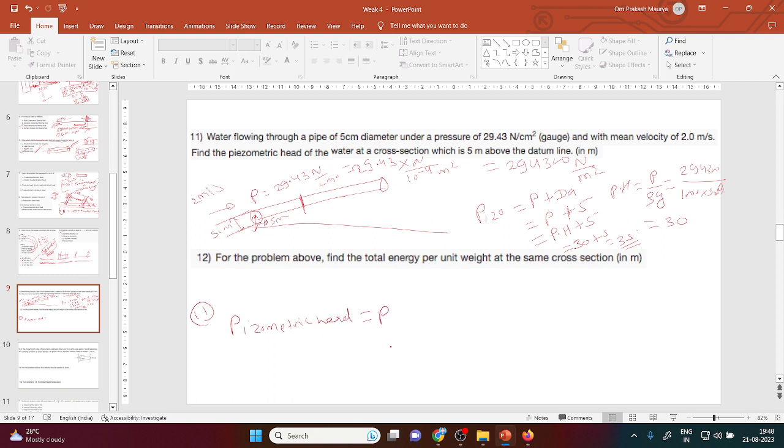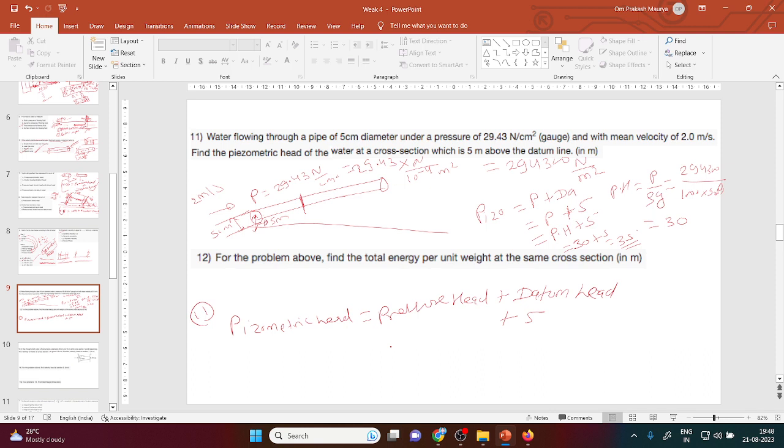Piezometric head is the combination of pressure head plus datum head, right? In the question, datum head is given, and pressure is given, not pressure head.